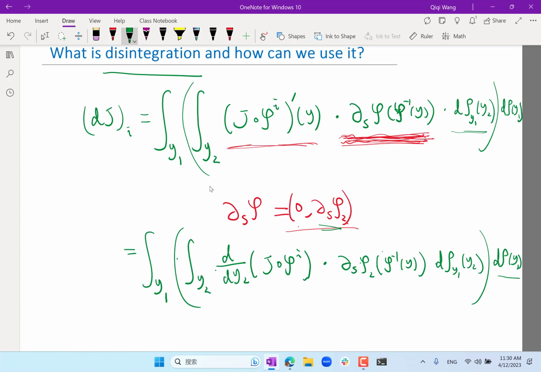For the smooth component, we can rewrite this as a density, so the conditional distribution does have a density, and we have dy2 over here.